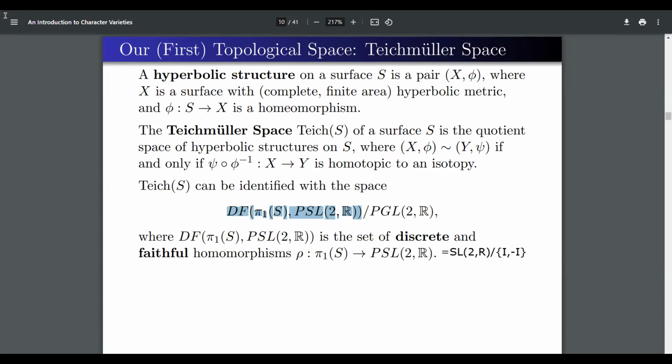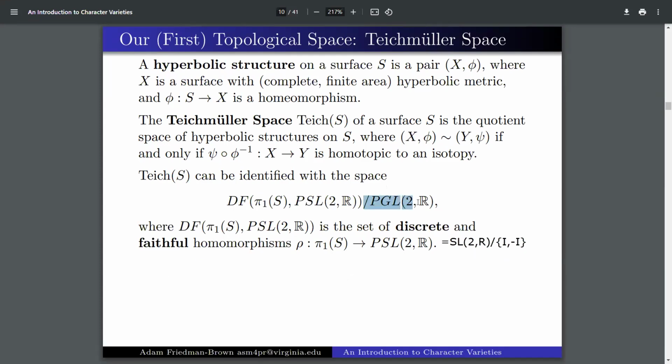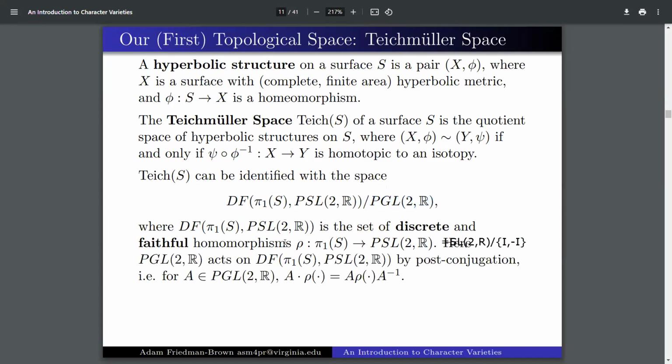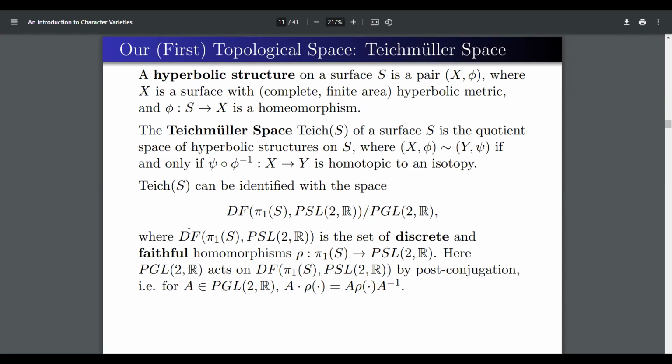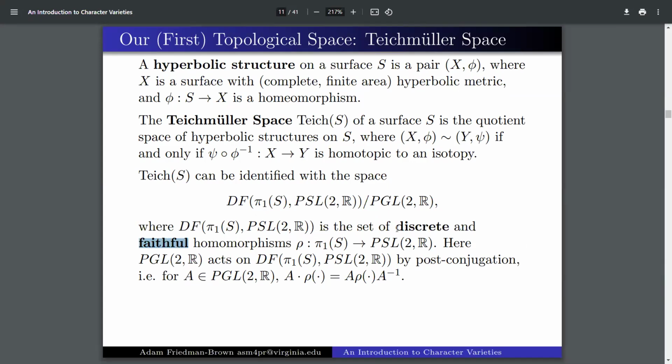And the reason that this is the case, well, let me talk actually first about why we're modding by PGL2R. Let's clear that. Give me a second. All right. And the way PGL2R acts on this set of homomorphisms. Oh, by the way, a faithful homomorphism is injective, and a discrete homomorphism means the image of pi1 of S is just a discrete set.